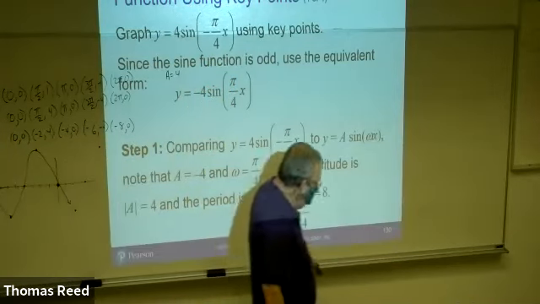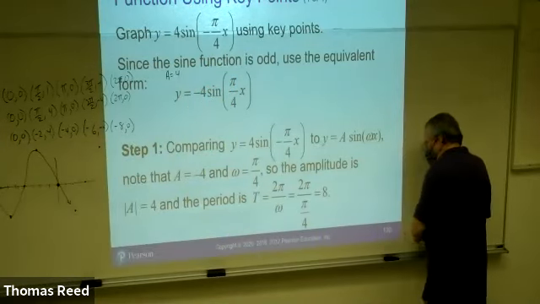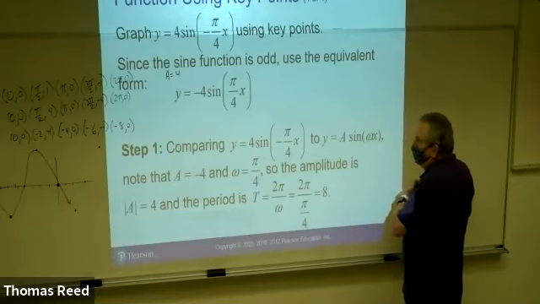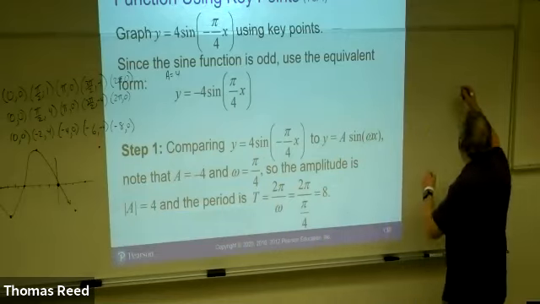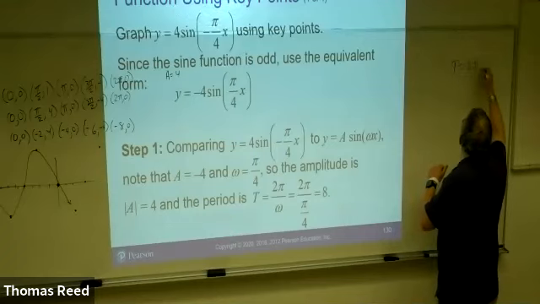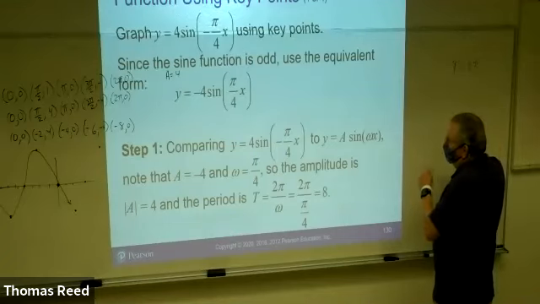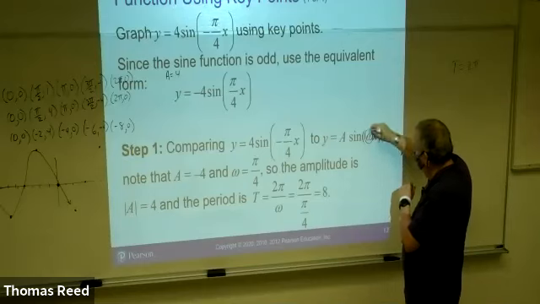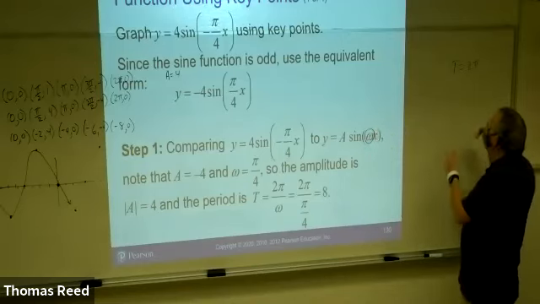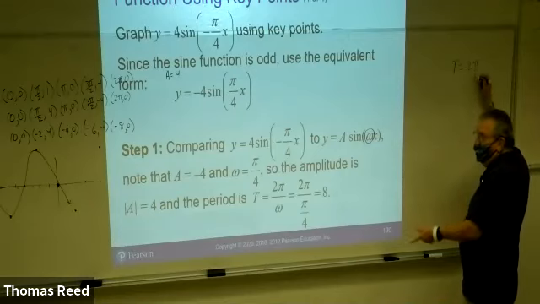Yeah, and they do it differently than I do. Okay, so now the period is 8. Sine has a period of 2π. And when omega is anything but 1, you divide the period by omega.